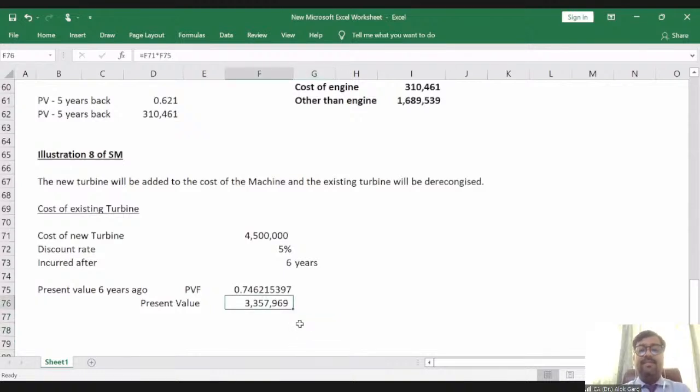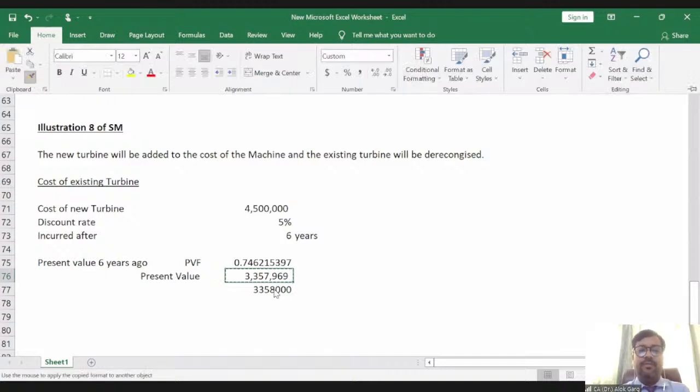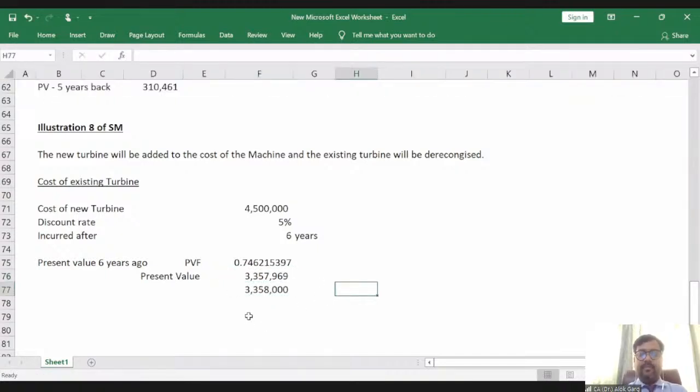So 3357969, right? I can round it off in the hundreds, and I can call it 33,58,000. Can I do that? Yes. So I have rounded off to the nearest 100. So 33,58,000 is the cost of the original turbine, right?